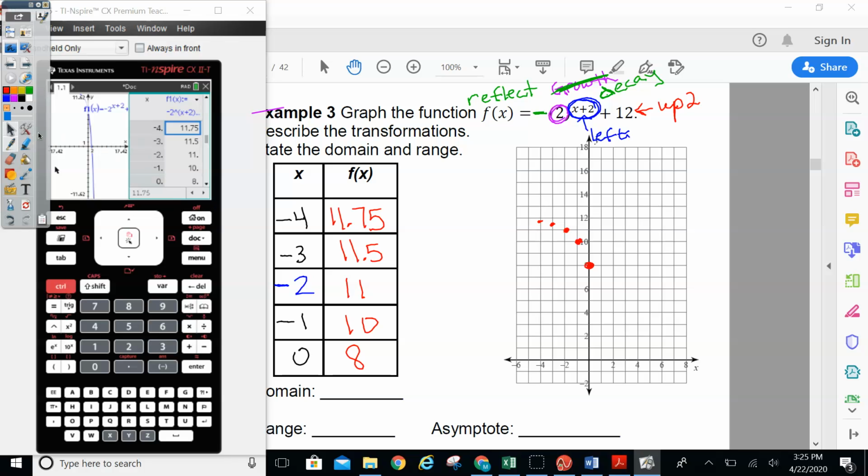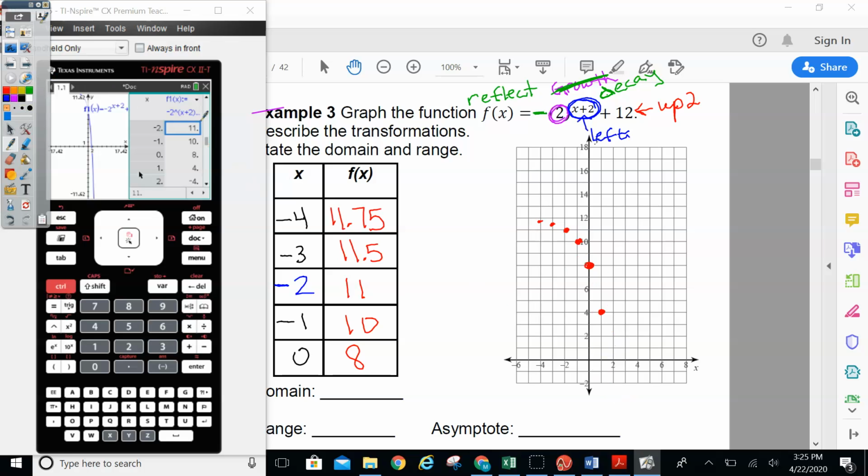So I could actually probably fit one more here. So I can fit 1 and 4. But again, you only need 3 points. So we can see how it's starting to decay going downwards.